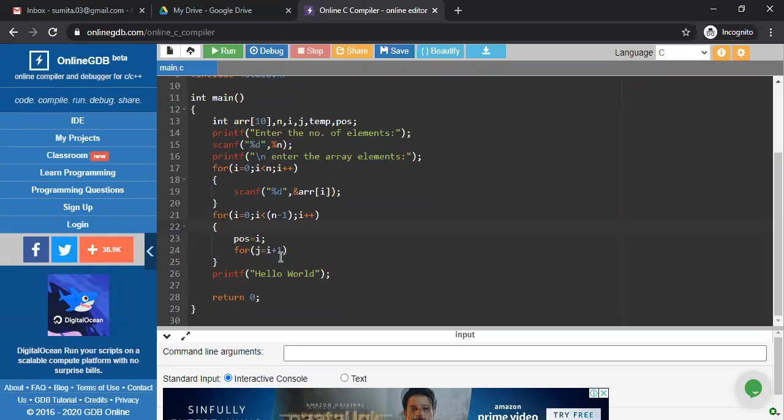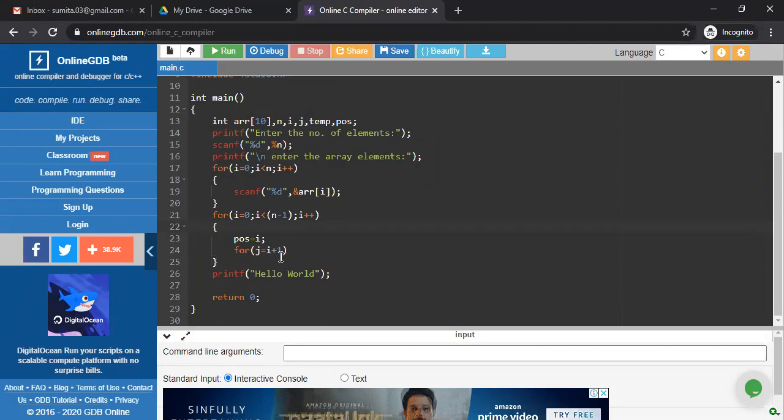For that reason, you have to execute your loop from the second position to the end, because the first position is already occupied by 44. So we are not bothered about that. This is the one element which we have to compare. So 44 in our hand, now we have to find out the smallest one from the remaining part of my array.